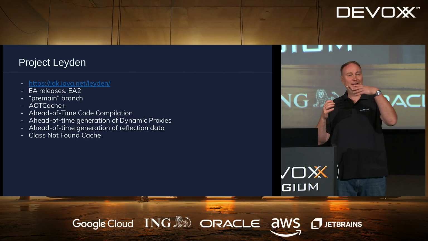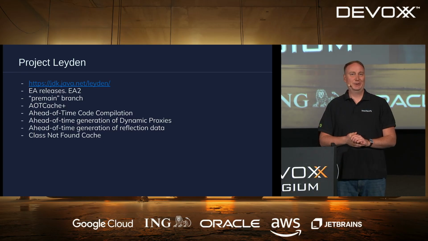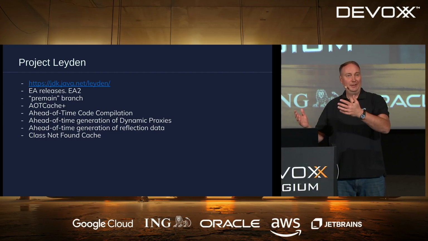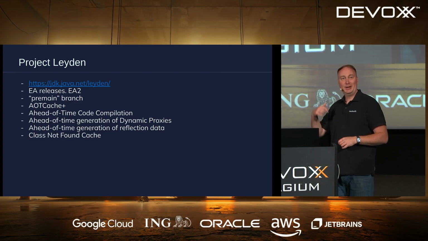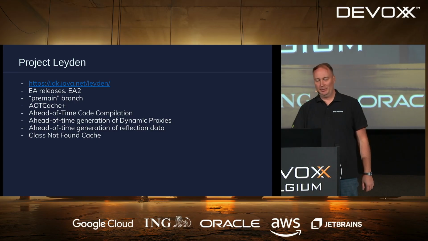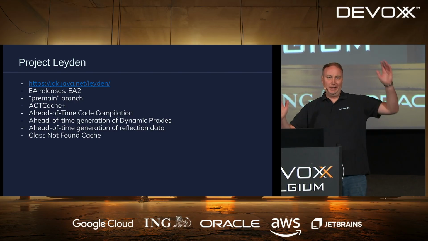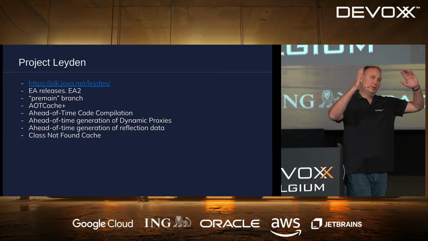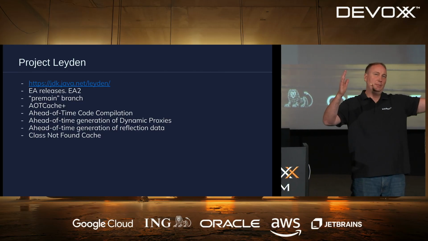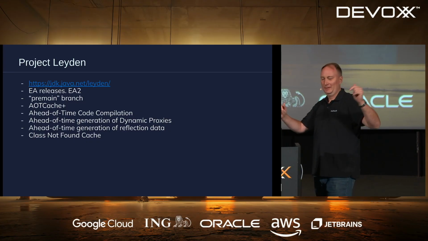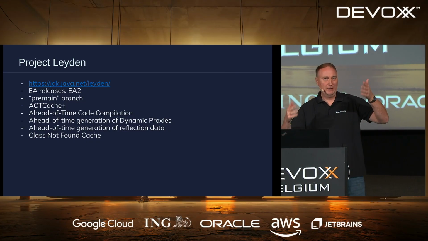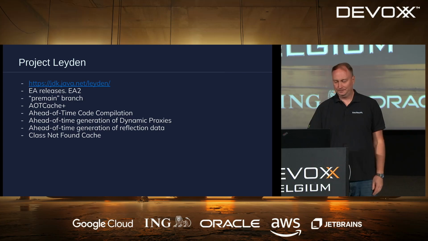So you can collect the configuration used. You can compile some methods ahead of time and store them into the AOT cache and use them on startup, right? Theoretically, it should bring us to a situation when we almost don't have startup and warm-up, right? Because we load everything, memory map everything from disk.